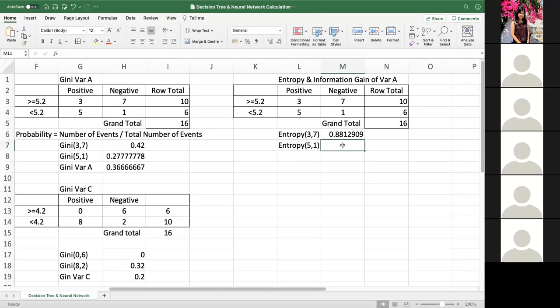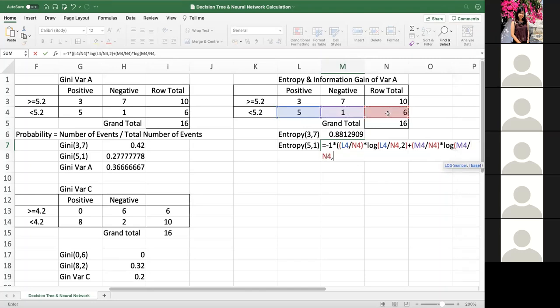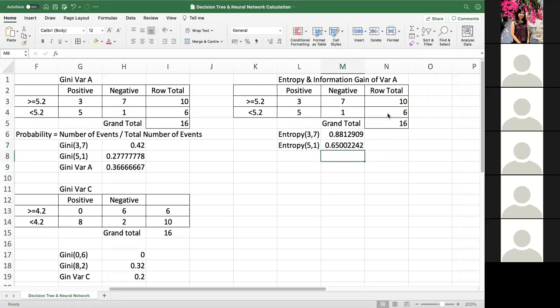Entropy of 5 comma 1 is equal to -1 into open two brackets 5 divided by 6 close bracket into log open bracket 5 divided by 6 comma 2 close bracket plus open bracket 1 divided by 6 into log open bracket 1 divided by 6 comma 2 close two brackets. So entropy of 5 comma 1 is 0.6500.